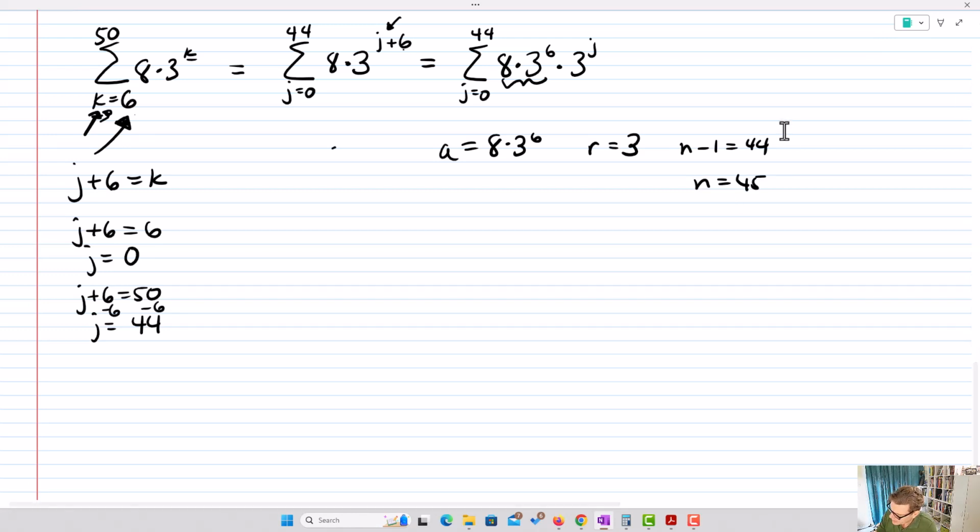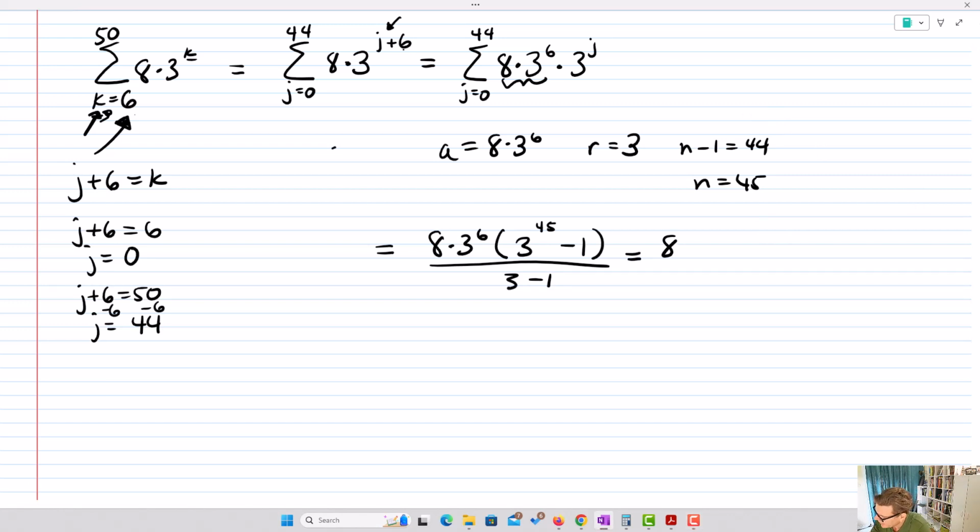When we plug that into our explicit formula, what we end up getting is 8 times 3 to the 6th times 3 to the 45th power, minus 1 all over 3 minus 1. Let's go ahead and plug that into our calculator. What I end up getting is 8.614 times 10 to the 24th. So pretty large number there too.